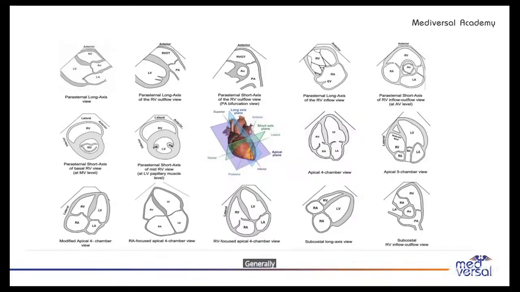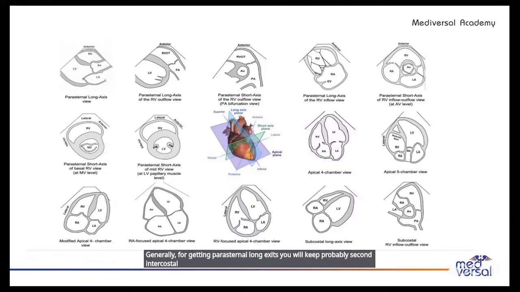For getting the parasternal long axis, you generally keep the probe at the second intercostal space adjacent to the sternum, but it may not be true for everyone.